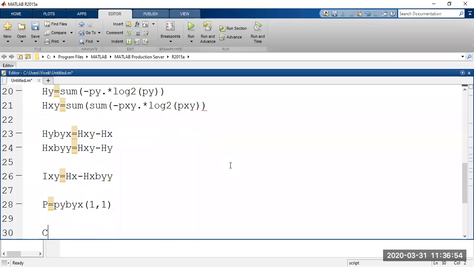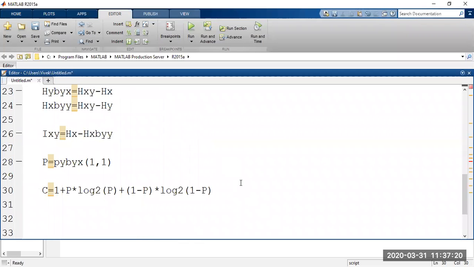So my capacity will be equal to 1 plus P star log to the base 2 P. This should be capital P, this should be capital P, and then plus in bracket 1 minus capital P into log to the base 2 1 minus P.